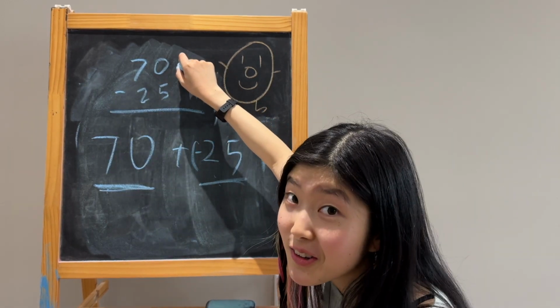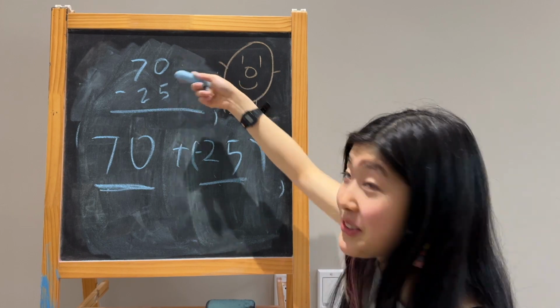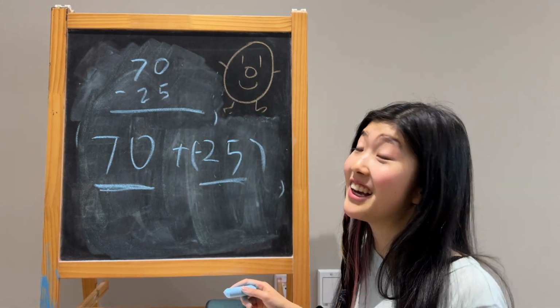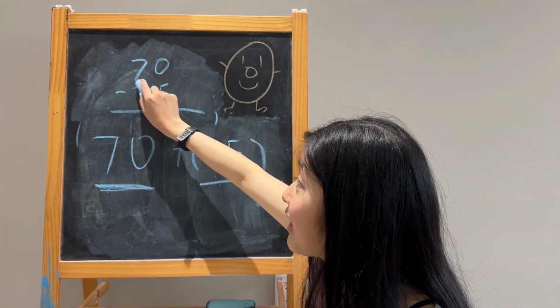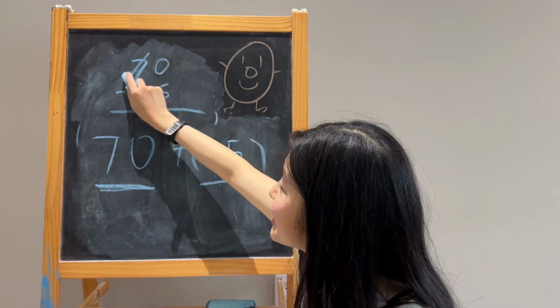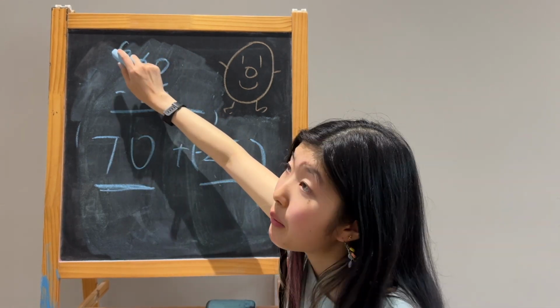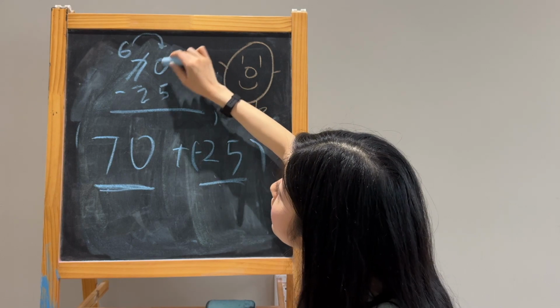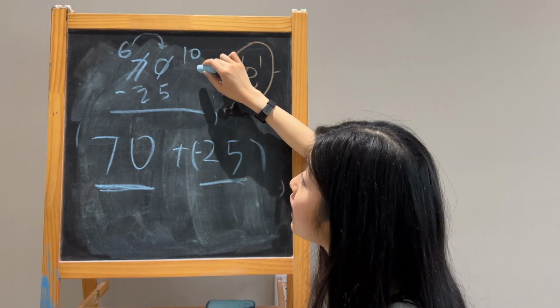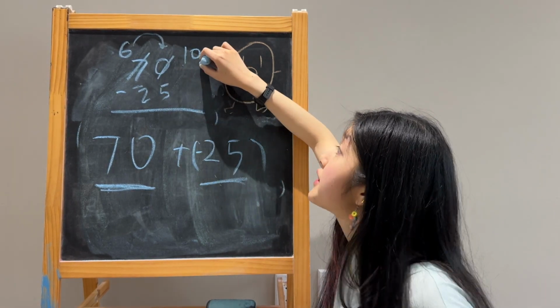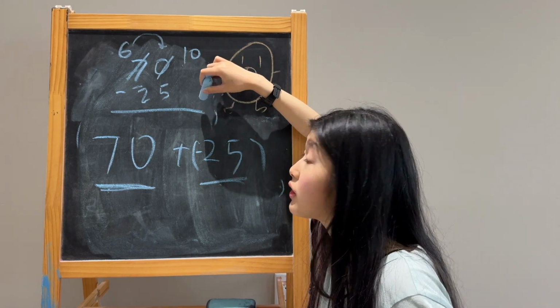What do we do here? There's nothing. There's got to be minus 5 from nothing. But you tell me now. We have something here to use. So we just take 1 and we carry it over. And this becomes 10. So now 10 minus 5, right? Let's say I have 10 donuts and I take away 5 donuts from that.